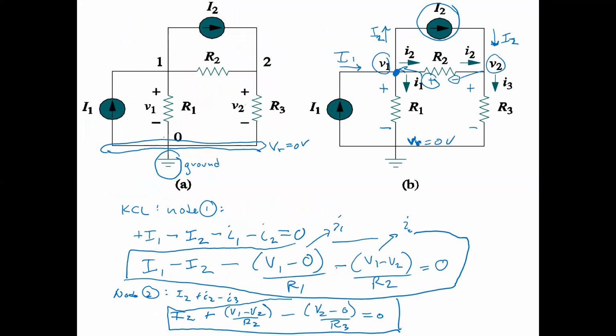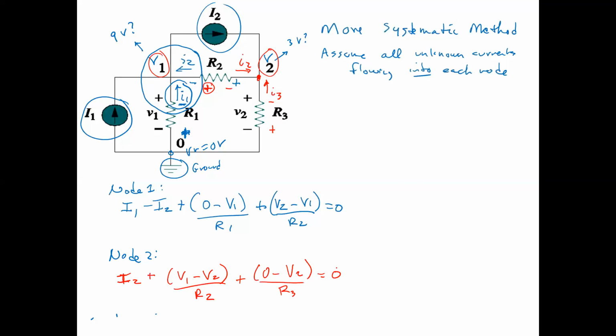Now that's the same equation as we have here, and maybe you don't agree with me, but this is actually a more mechanistic way of doing it. Just always going to write those equations, assuming the currents are flowing into the nodes. And the element voltages are always going to be the far node voltage minus the node that you're flowing into.